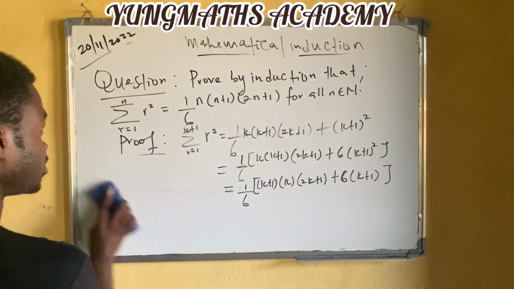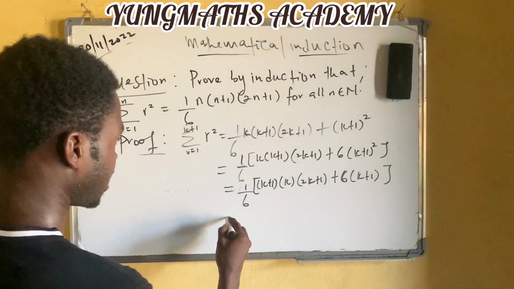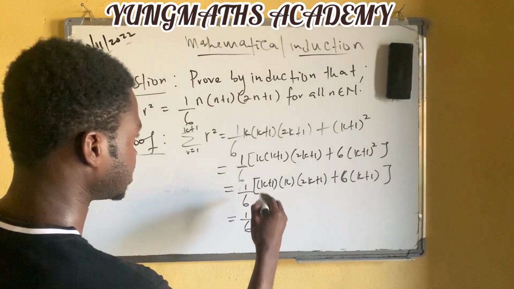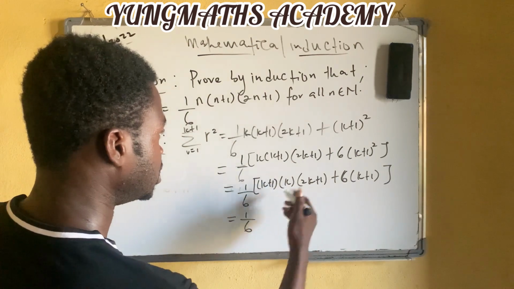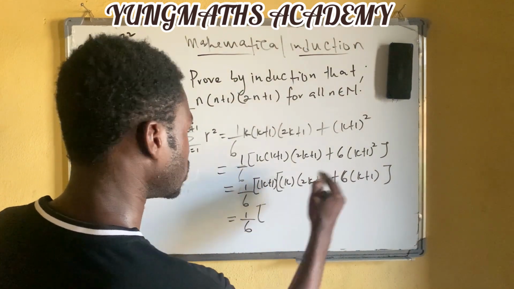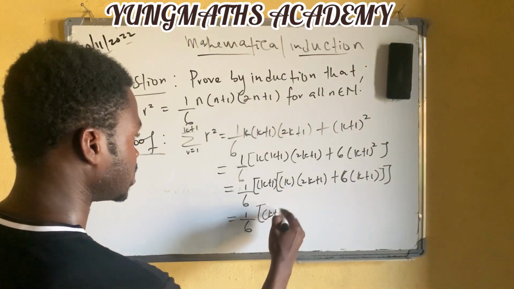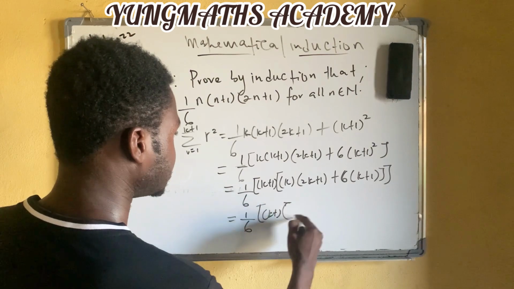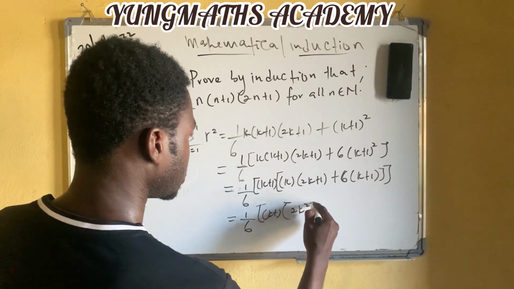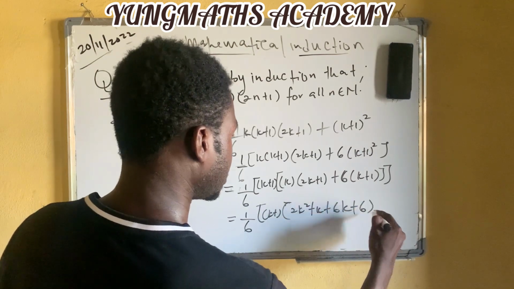With this I have 1 over 6, and k plus 1 is common, so that is out, like this. Okay, so I have k plus 1, and here I'll expand this: 2k squared plus k plus 6k plus 6, just this way.